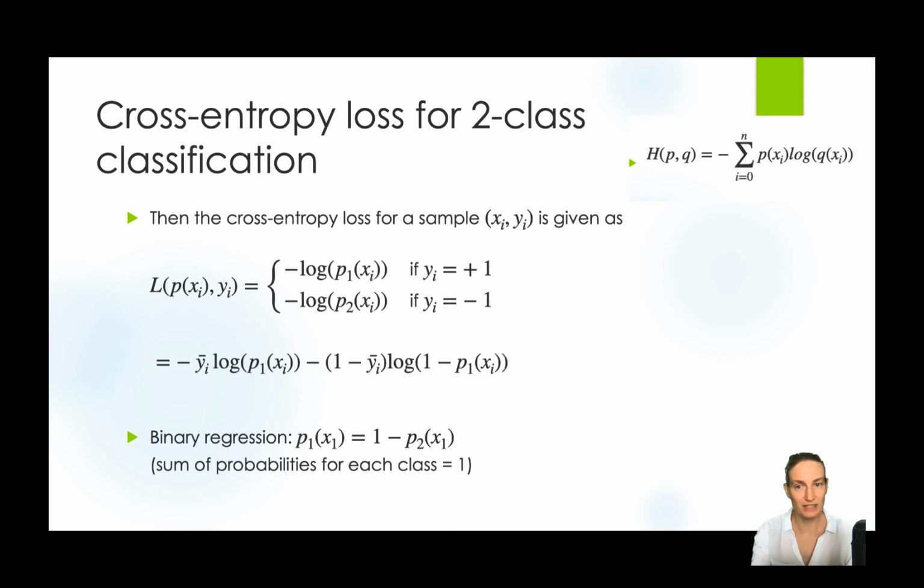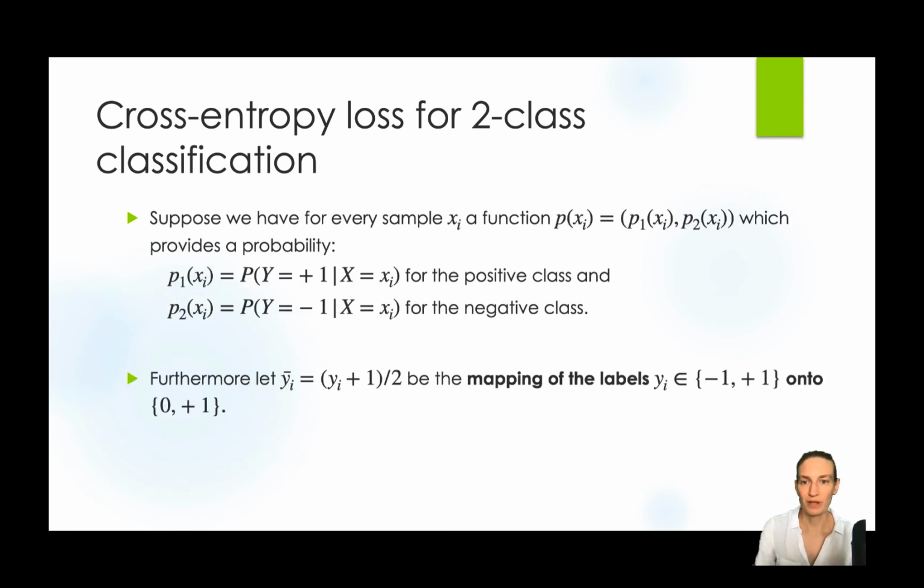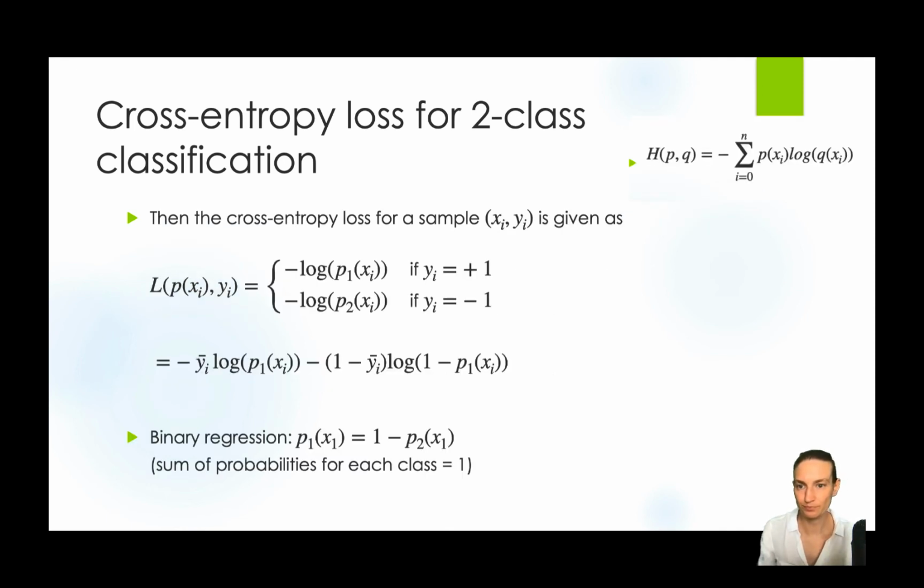P2 is the second probability. Remember here that we have a function p which gives us the probability of belonging to class 1 and the probability of belonging to class 2. So in this case, the cross entropy combines these two and results in this formula of the cross entropy loss for logistic binary regression.